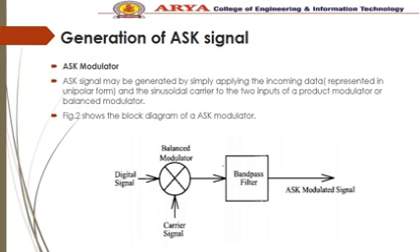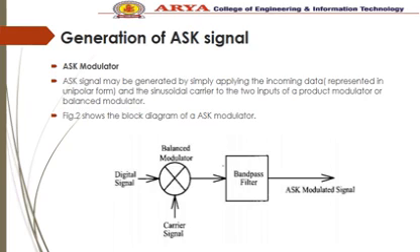Here the figure shows the block diagram of ASK modulation. It has a carrier signal, a data signal, and a band limiting filter. The carrier signal sends the continuous high frequency carrier signal. The binary sequence that comes from the digital message signal makes the unipolar input either low or high.